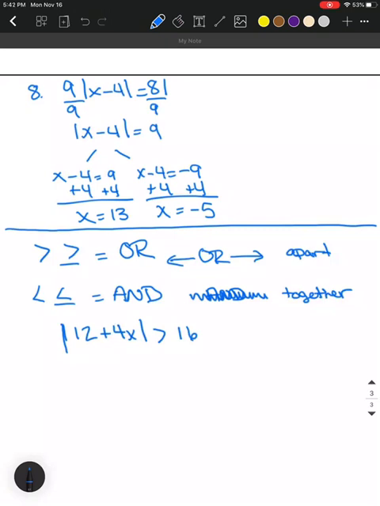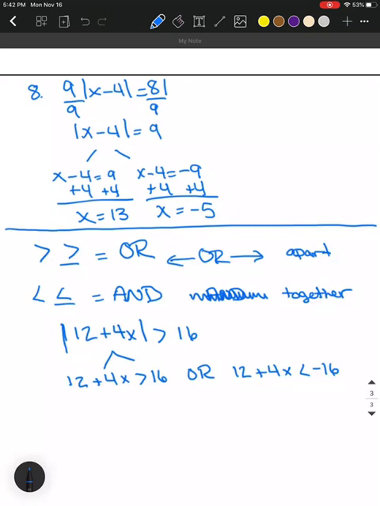I'm not adding, subtracting, multiplying, or dividing anything on the outside of this absolute value bar. So here, let's separate. So I have 12 plus 4x is greater than 16, or I have 12 plus 4x is less than negative 16. When I switch the sign, I have to flip the sign.